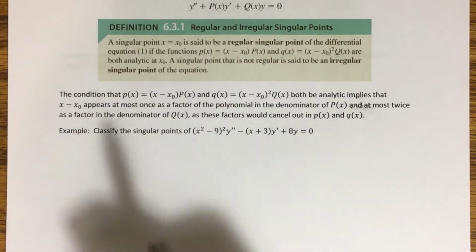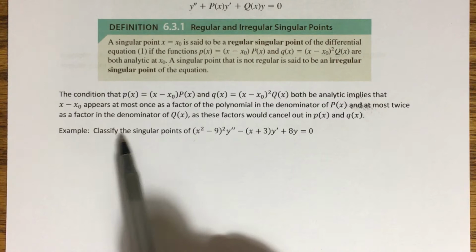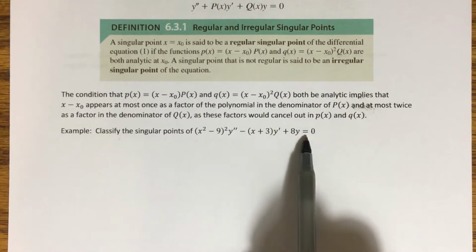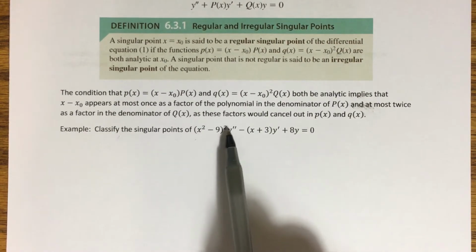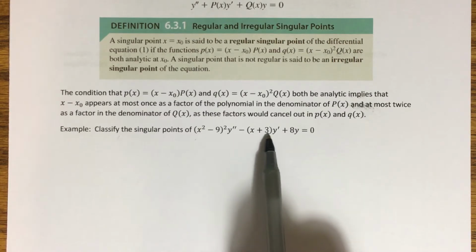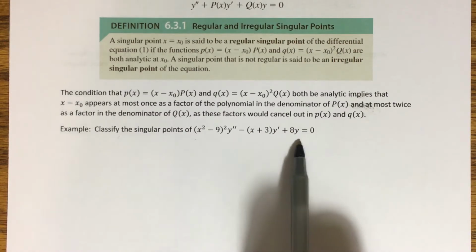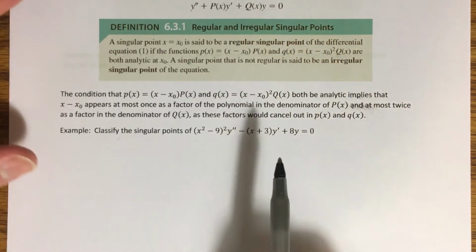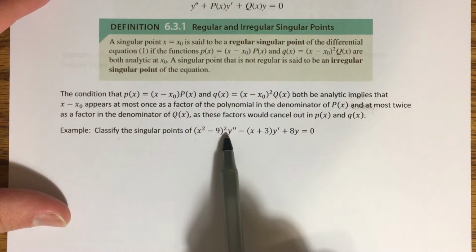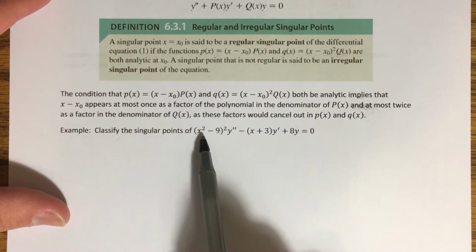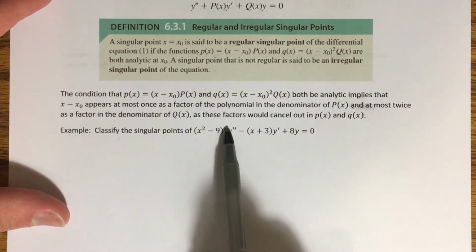So let's take a look at an example. We want to classify the singular points of this DE right here. We have x squared minus 9, quantity squared, y double prime minus x plus 3 times y prime plus 8y equals 0. So the very first thing that we need to do is put this in the correct form. So we need to divide everything by x squared minus 9 quantity squared.